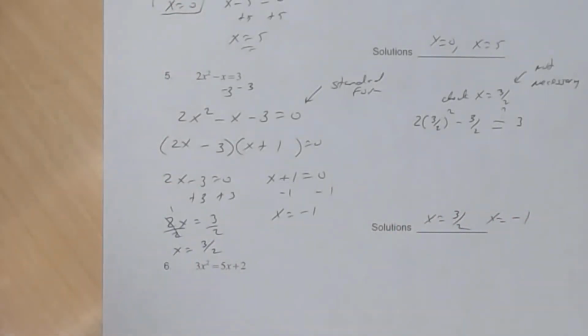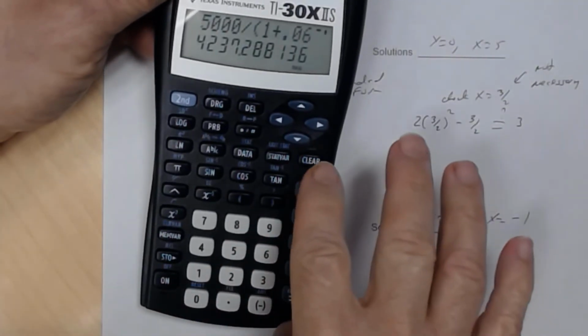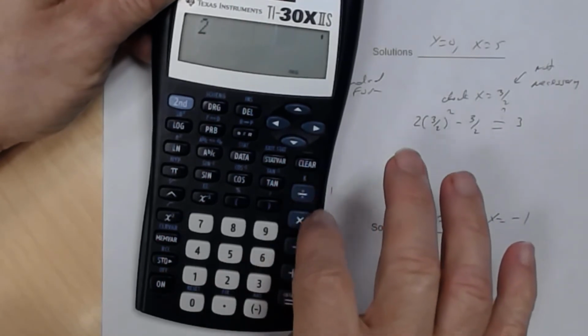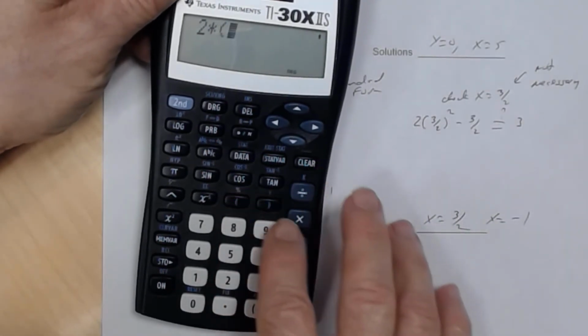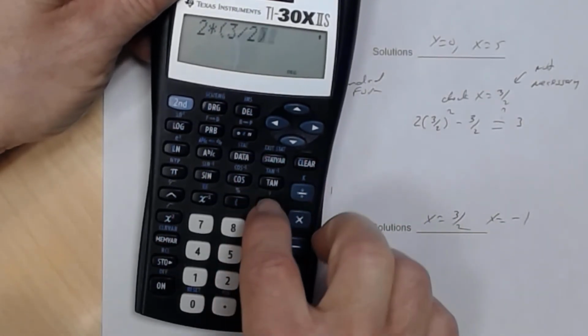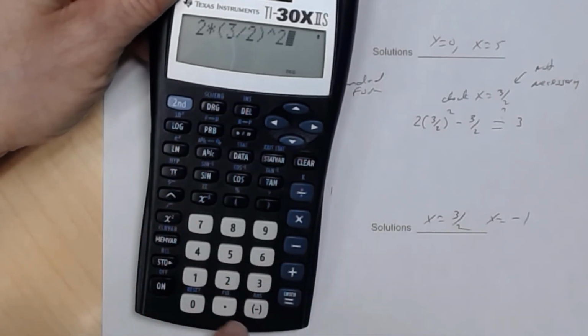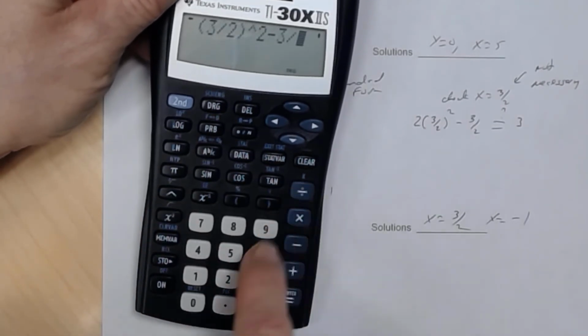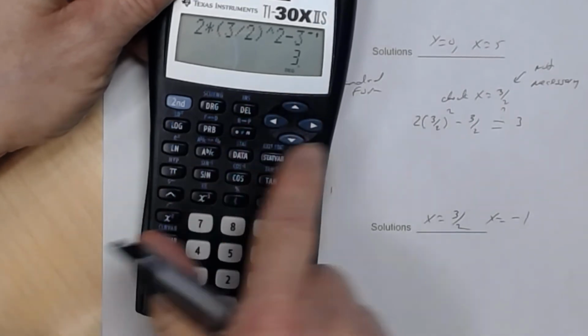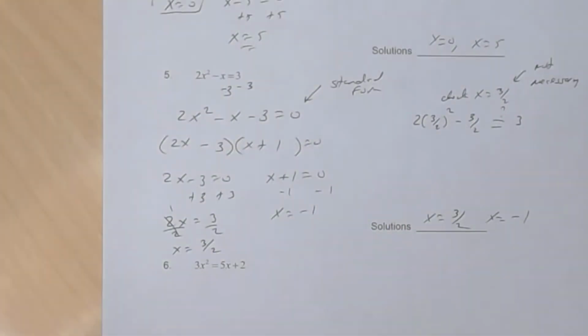Just use your calculator. That's all you do. 2 times, in parentheses, 3 divided by 2, close the parentheses, I'm squaring it, right? And then I'm subtracting 3 divided by 2, press equal, and what do you get? 3, and that's what I wanted. Okay, so 3 halves is a solution.